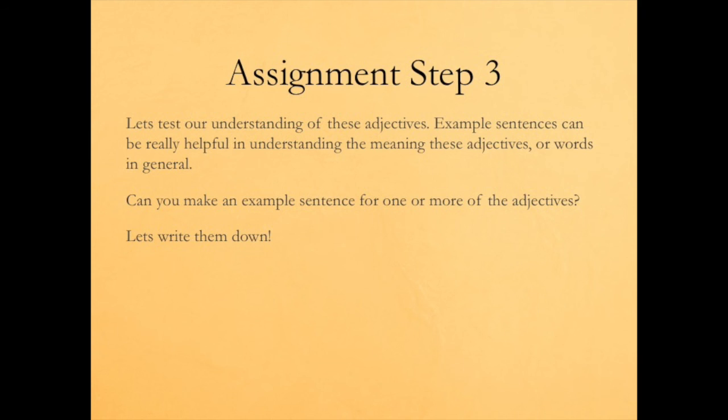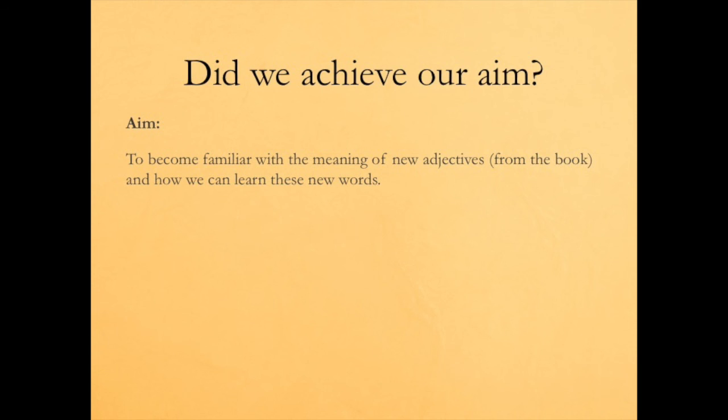We will make some example sentences in the third step, and like I told earlier, this will be done with the entire class. We will reflect upon this lesson after the third step to see if we improved our understanding of adjectives and how they contribute to the understanding of the book.